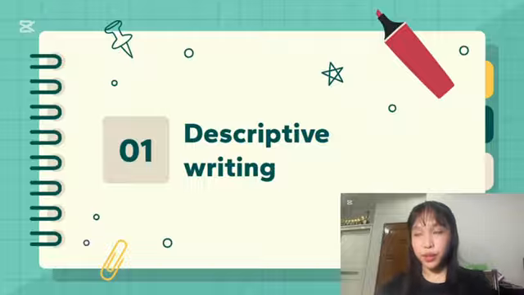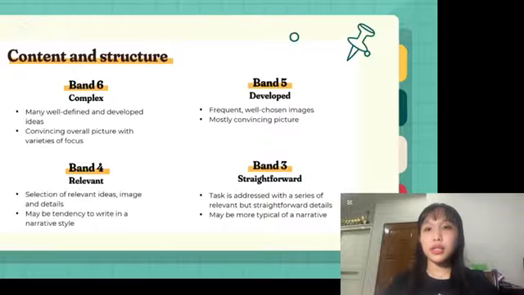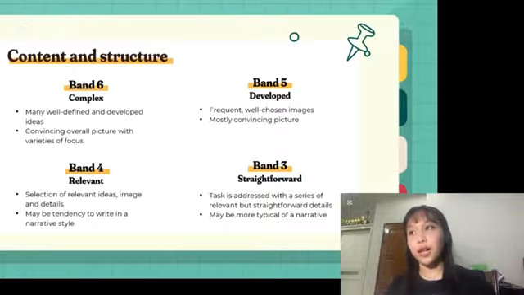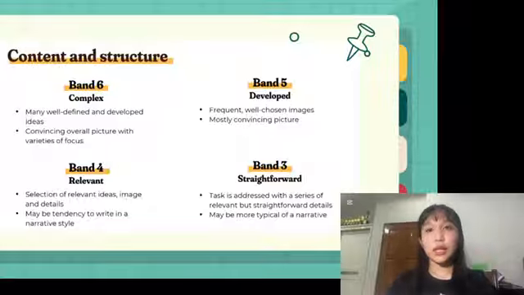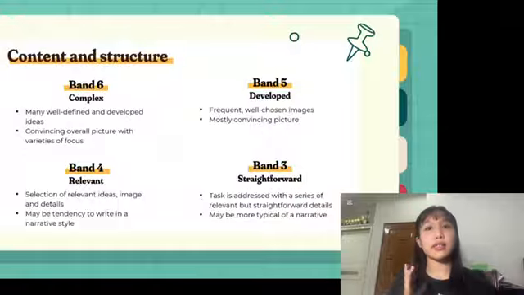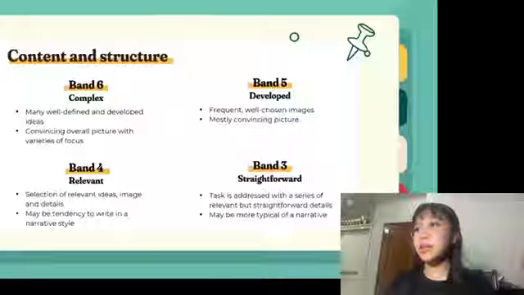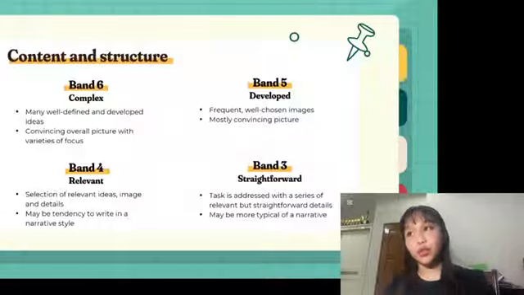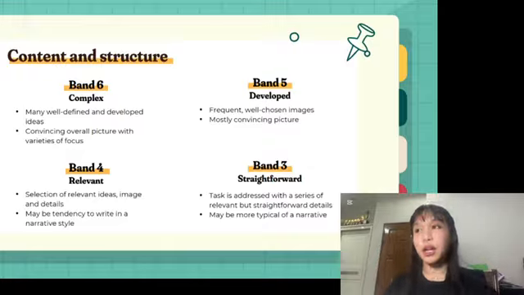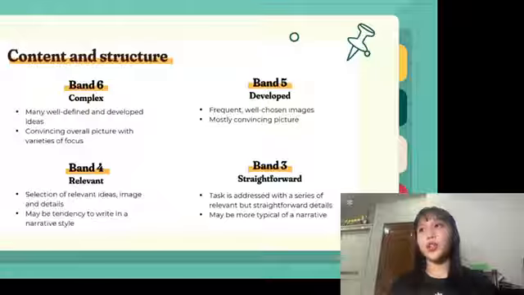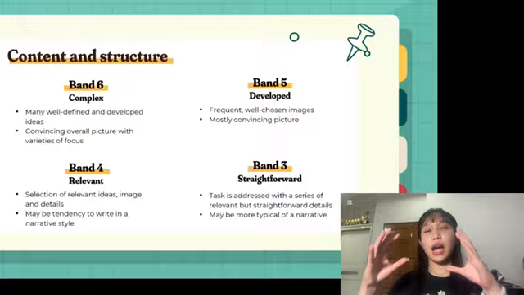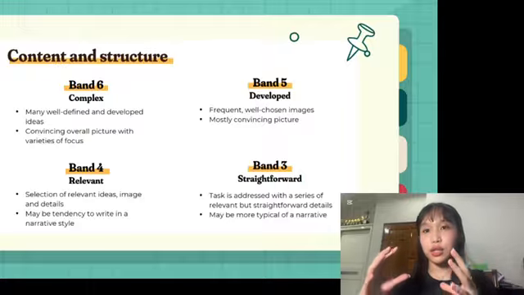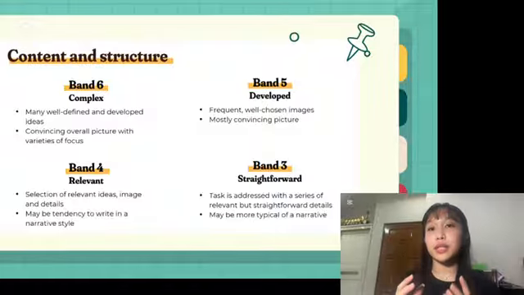Starting with descriptive. So the content and structure for a descriptive writing, band 6 being the highest in the exam board, says many well-defined and developed ideas and convincing overall picture with a variety of focuses. What they mean by this is when you're describing a scene, you're going to have many images described in detail.